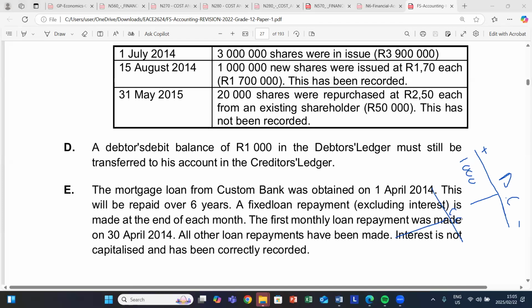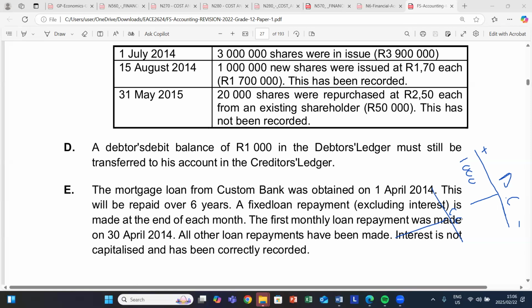I think what I'm going to do is transfer it to the correct account, and I'm going to do a double entry. We'll do double entry. In a creditors ledger, okay, that's correct.